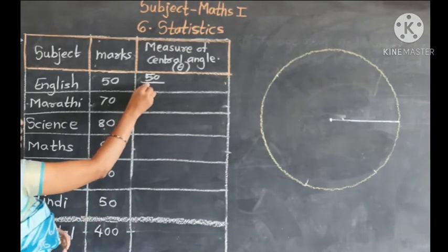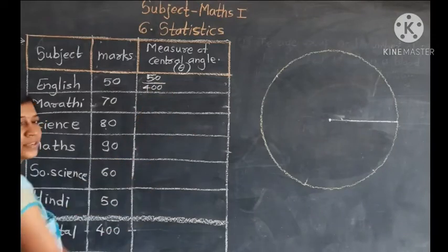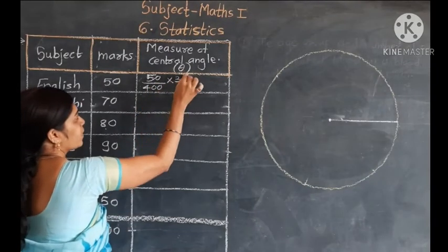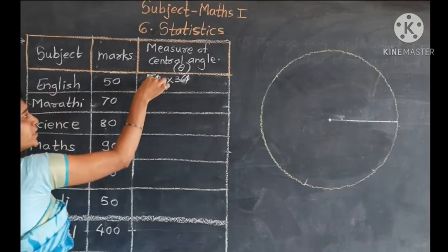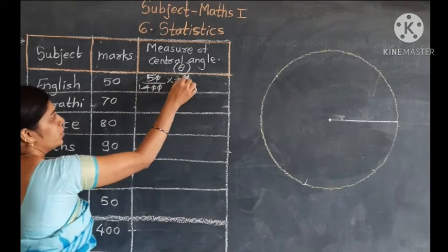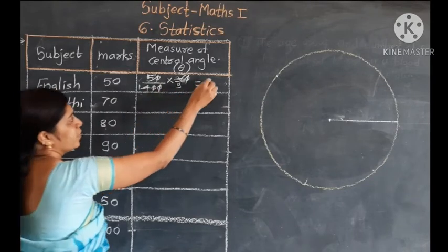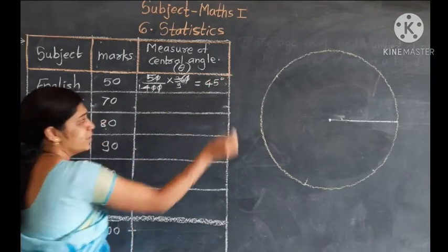The total number of marks is 400, into 360. 0 will cancel. 4 ones are 4, 4 nines are 36, 9 into 5, 45 degree.